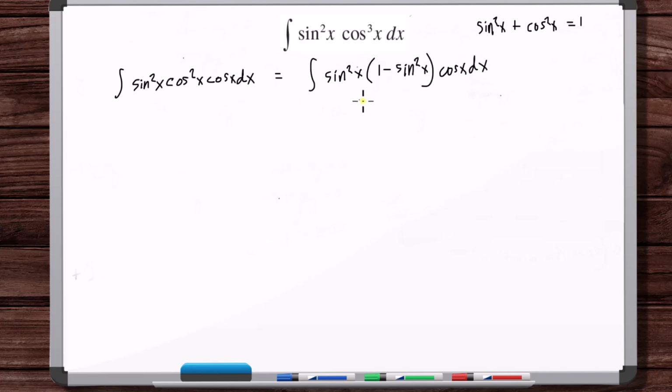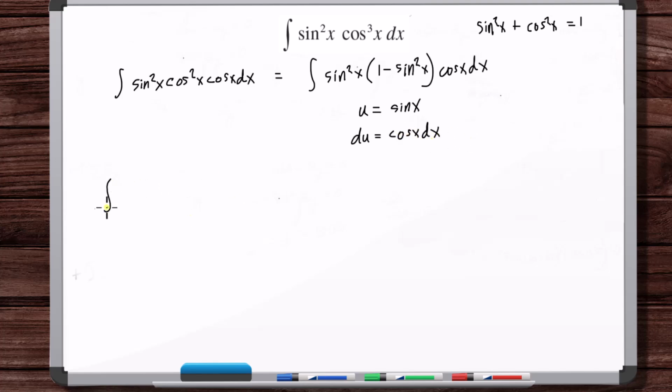Okay, and so what this allows us to do is this is set up to where we can make a u substitution. u is equal to sine x, therefore du is equal to cosine x dx.